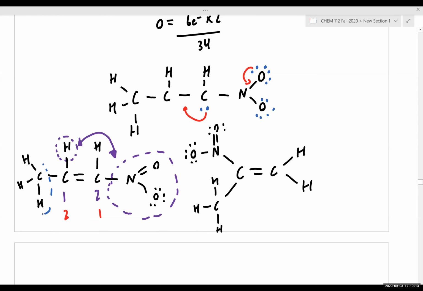You can just as easily swap other functional groups as well. You can just as easily swap the methyl group and the hydrogen. Sure, that would also work. That would be another way of drawing constitutional isomers.